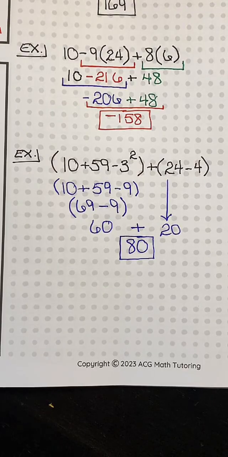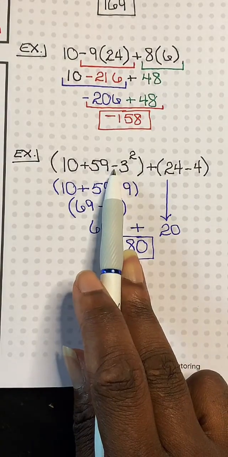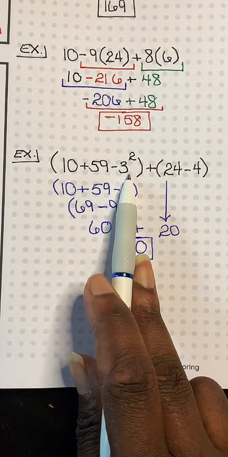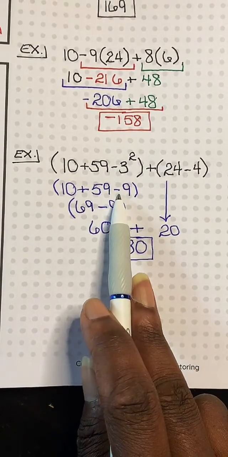All right. Okay. Step by step, guys. Step by step. All right. Yep. Thank you. Because this negative is not attached to the 3. It is not enclosed inside of a parenthesis. So this is not going to be a positive 9.